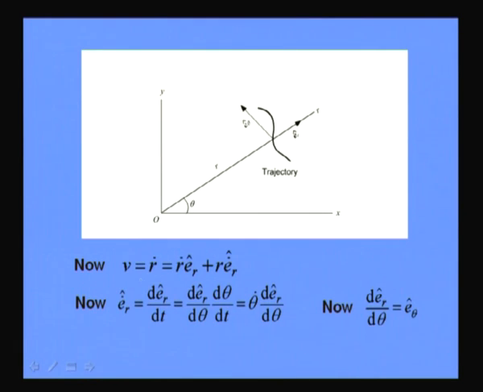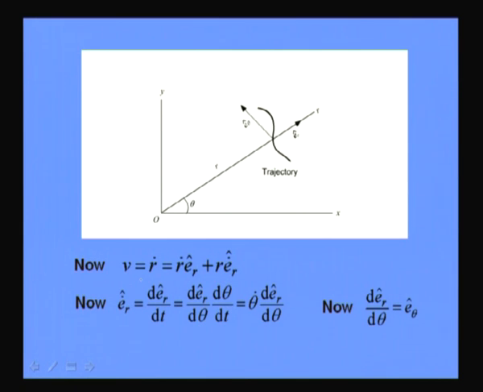Now, once we know the position vector, we can differentiate the position vector and obtain the velocity. Velocity v is equal to r dot. Here dot indicates the derivative with respect to time.